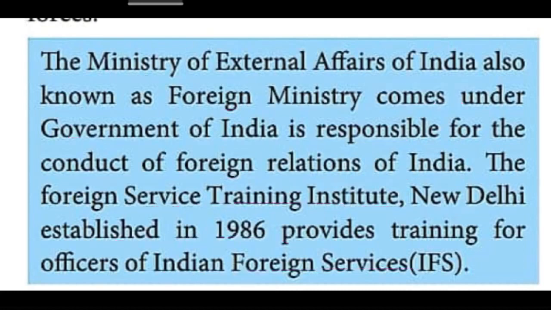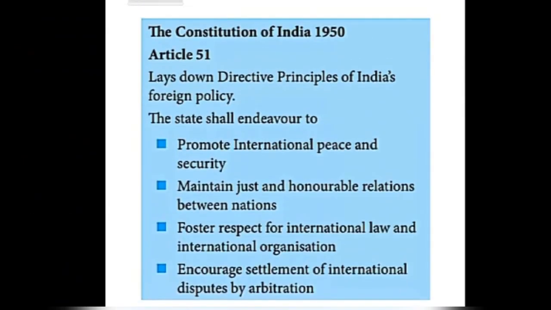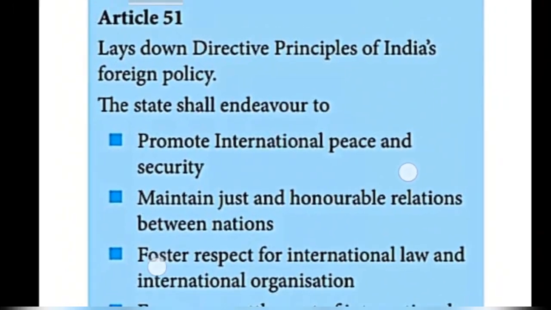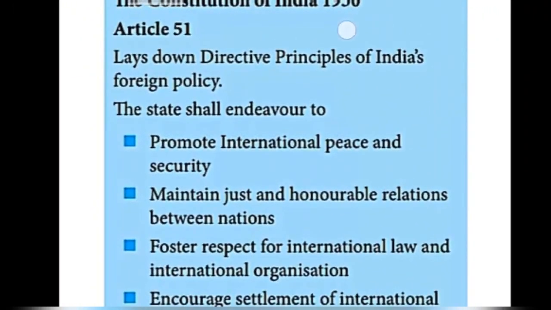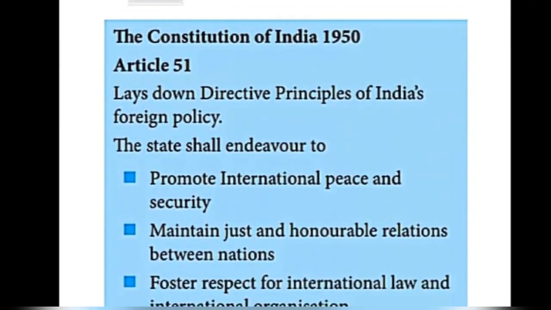Yes, the next one, the Constitution of India. In the year 1950. Everyone knows the Constitution of India came into force on 26th January 1950. So Article 51.